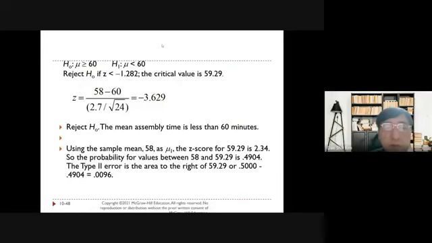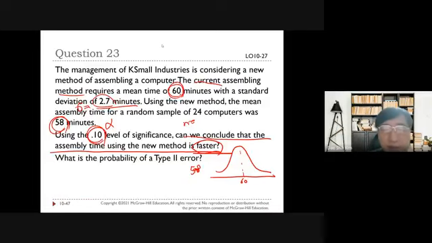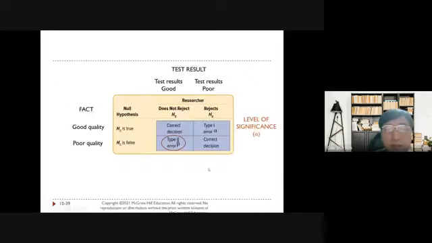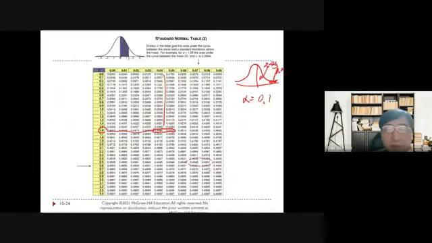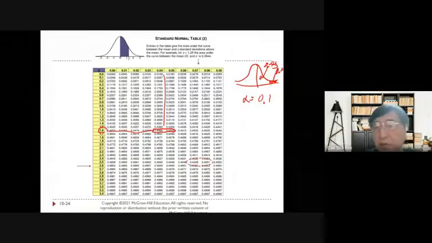Sorry, this is a one-tail problem. So for a one-tail problem we need to calculate 0.1 in one tail. It should be 0.1, then the area will be 0.4.